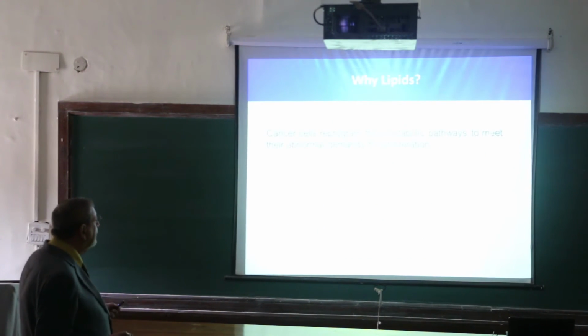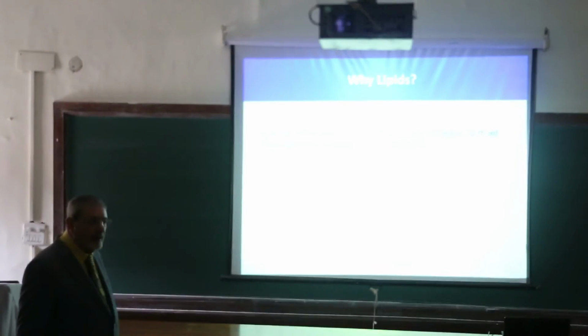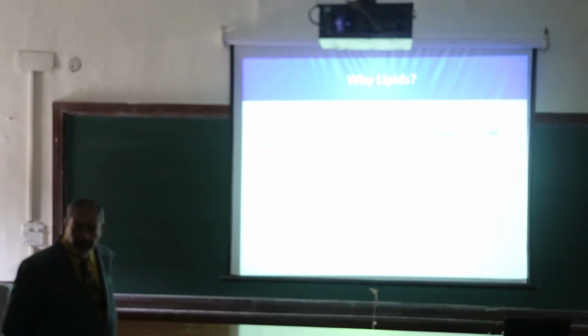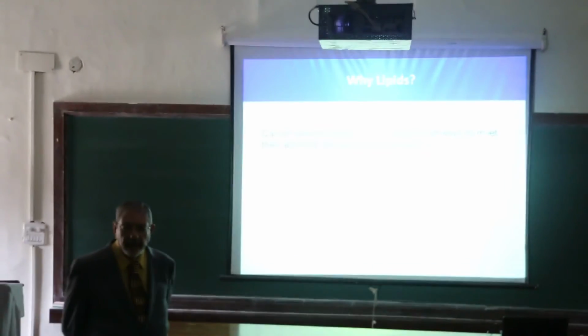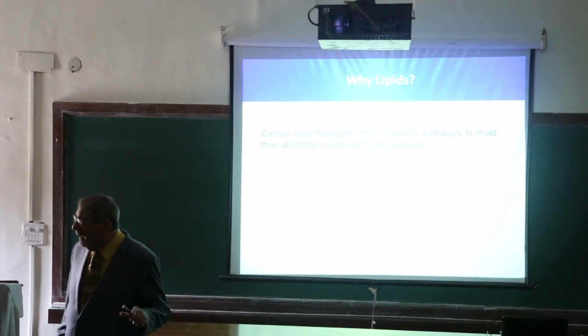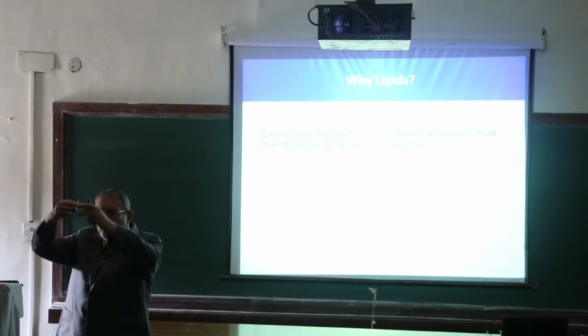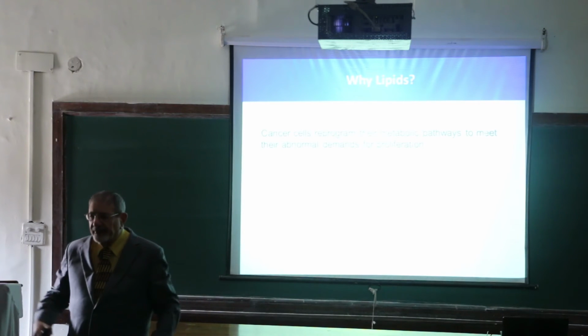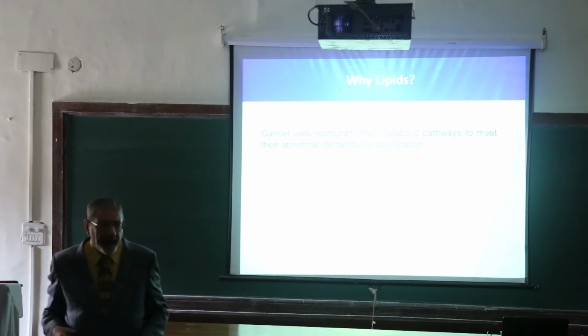Now I want to concentrate on lipids. What are lipids? Lipids are fatty acids. You may remember lipid molecules from some course. These are molecules that tend to have a phospho group on them, with two carbon chains that come off a body.